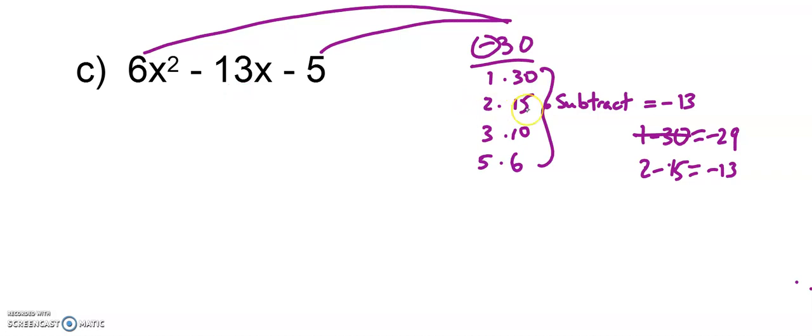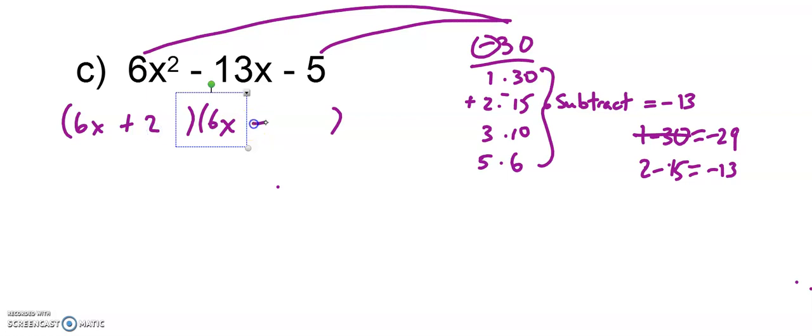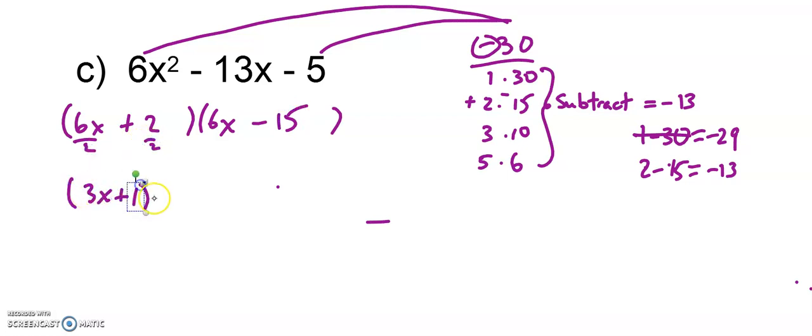I want to use 2 and 15, where the 2 is the positive number and the 15 is the negative number. So I open up my parentheses, copy the front number twice, and put plus 2 and minus 15. Then I simplify each parentheses. This can be divided by 2, so you get 3x plus 1.